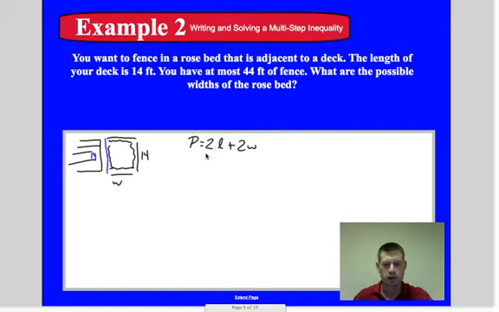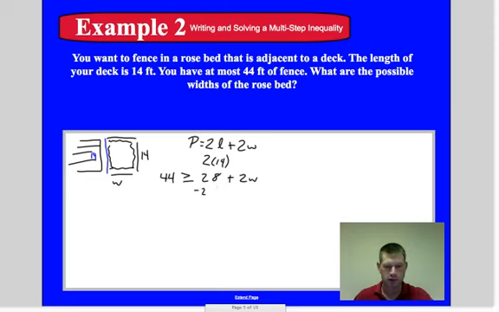Well, we know the length, so 2 times 14 is 28. So I know my perimeter is 28 plus 2w. But I only have 44 feet of fencing. So that means that what I have here must be less than 44, or we could use all of the fencing, which is 44 as well. And now we just have to solve.